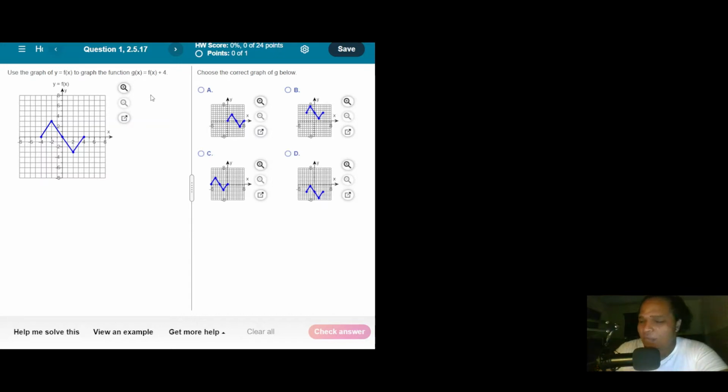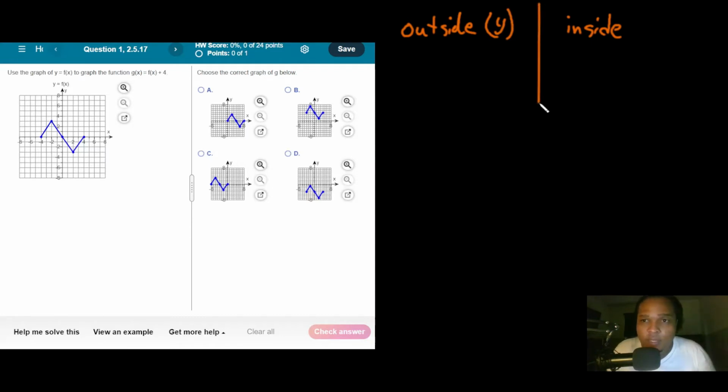So, let's establish some ground rules. I want you to get the topic of something that is outside, and then we have inside. You're going to see what I mean, but I really want you to know that the outside changes the y. We'll make a little separator right here.